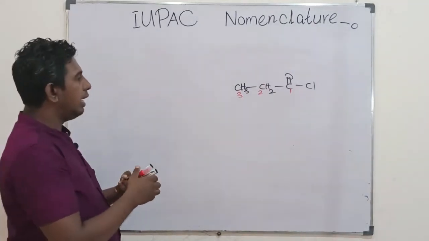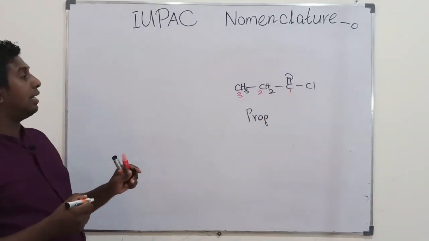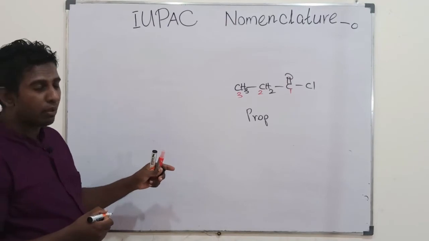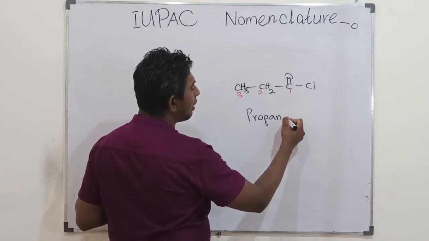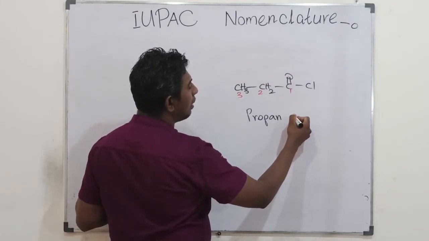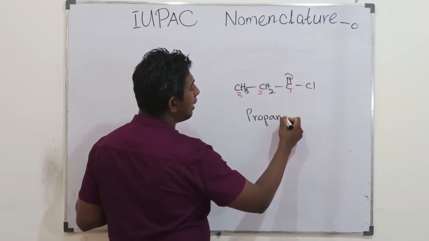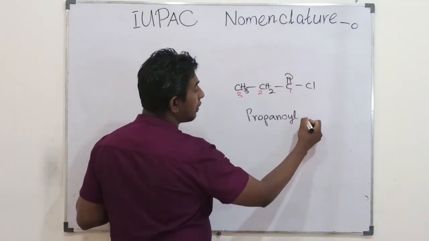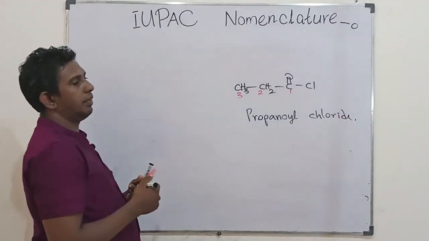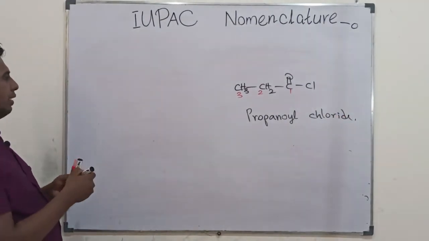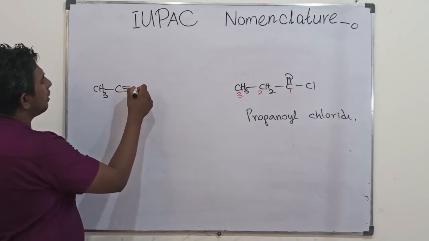It's 3 carbons, it's prop. You do not have carbon-carbon double or triple bonds, so it's alkane. In propane, you cut the vowel sound at the end, so it is 1-oyl chloride. When it is 1, the main functional group's number, we do not mention that. It is propanoyl, space, chloride, the name. You need to use a space.